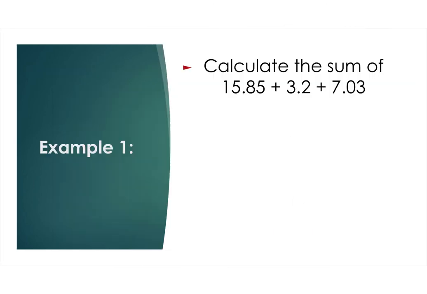So with adding and subtracting decimals, we need to line up the decimal points. So I have 3 numbers here. So I'm just going to line up 3 decimal points and then fill the numbers in. So I have 15.85, 3.2, and 7.03.